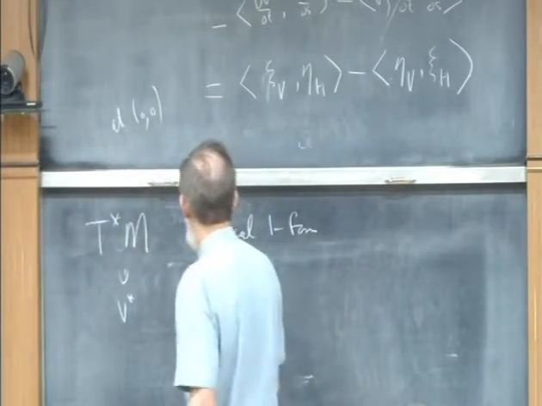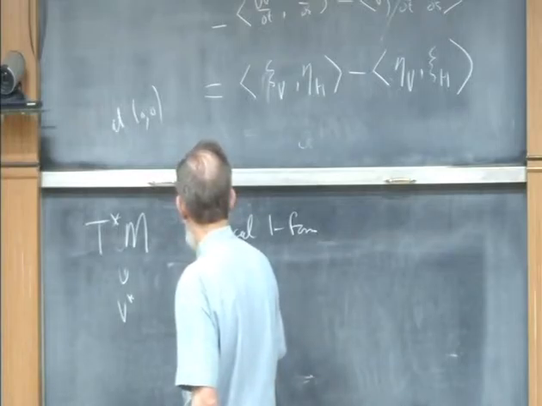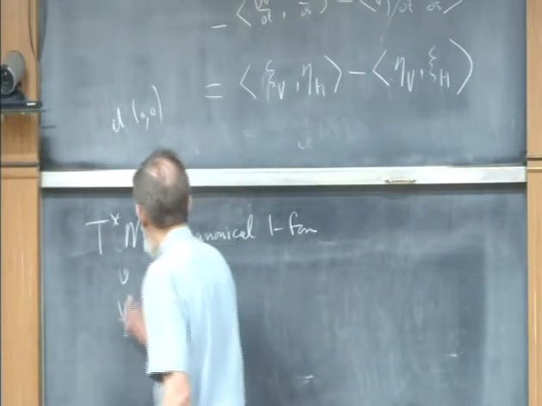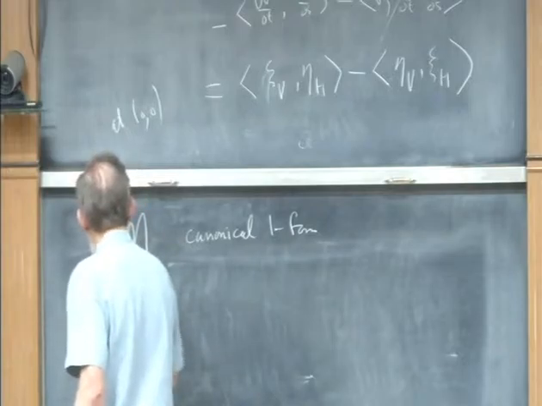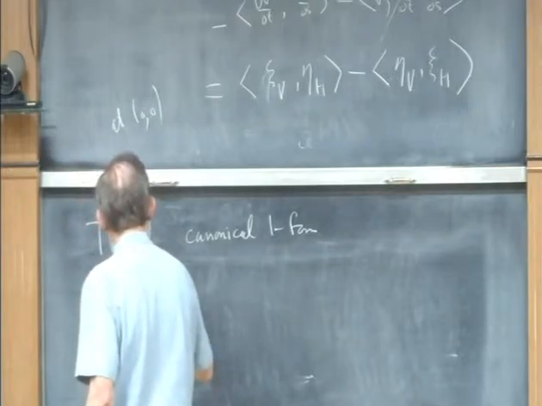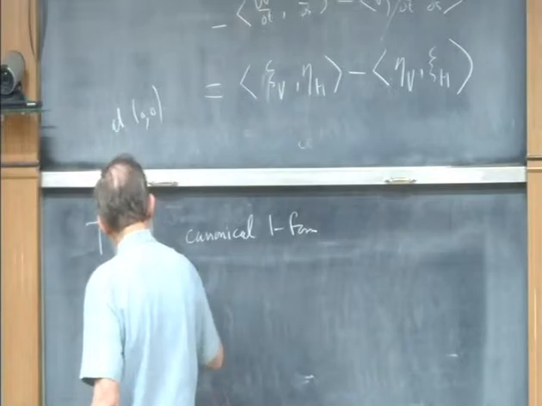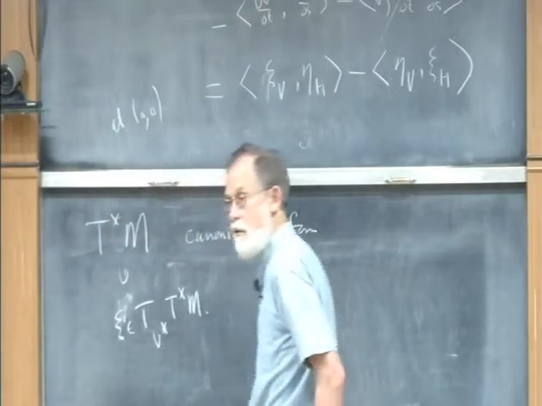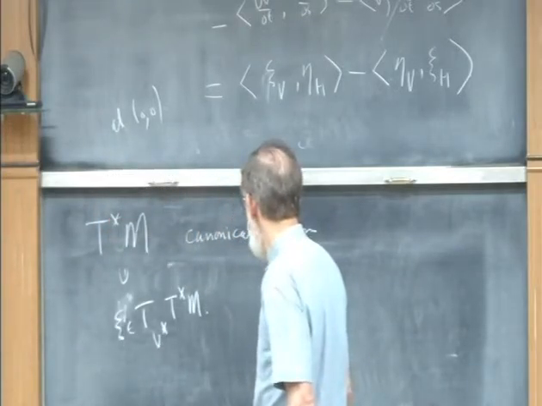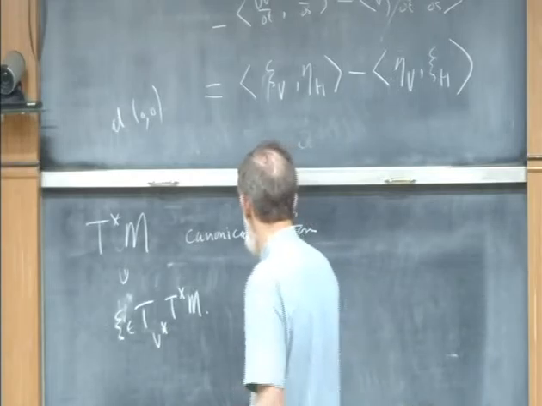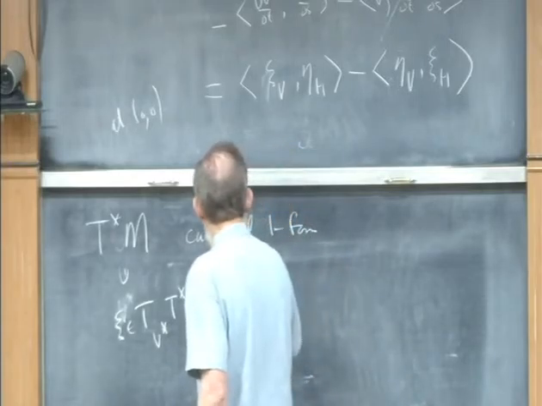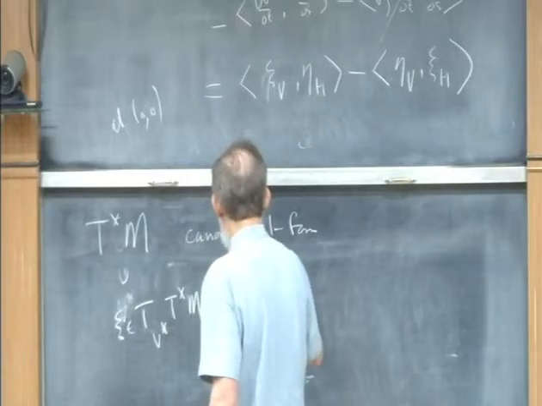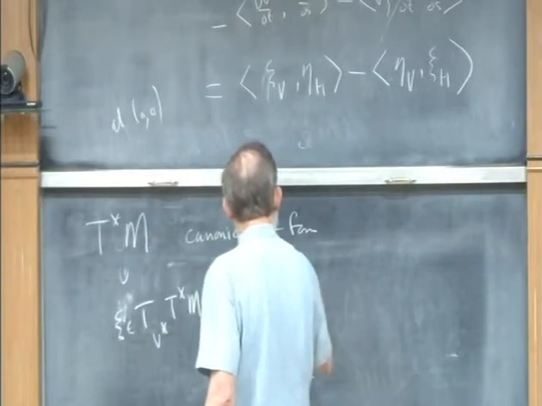So I want to have xi in the tangent space to T star M at V star. And what I do is I can take V star and apply it to the derivative.